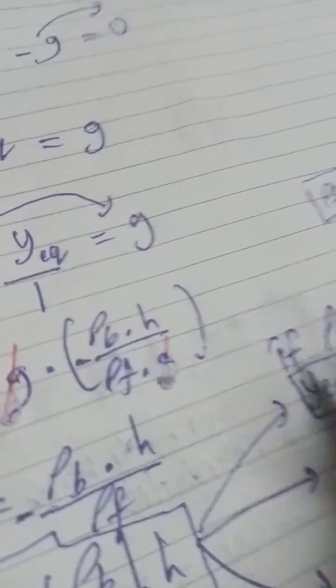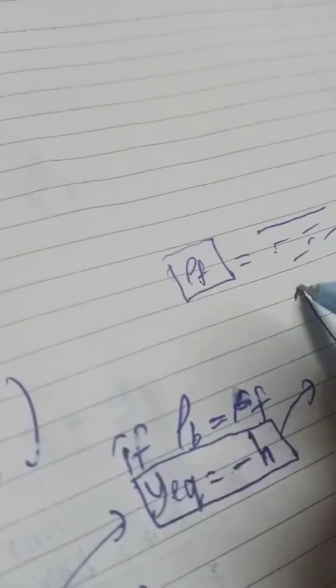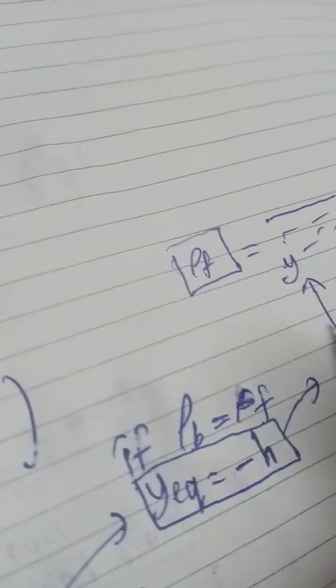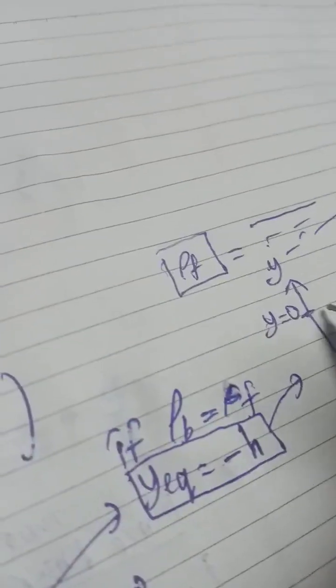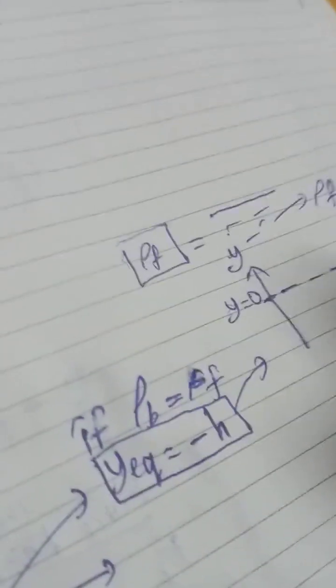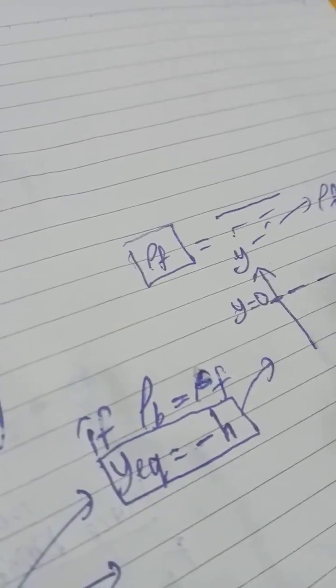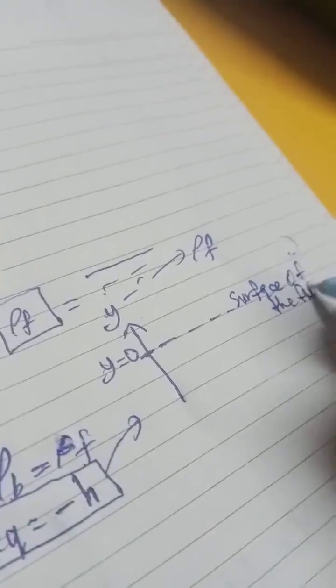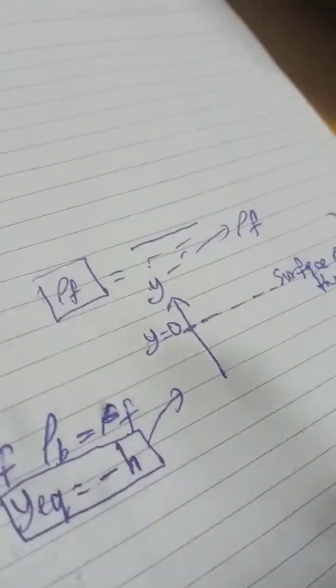Negative h means that this is the position, the coordinate. As I said, this is y equal to 0, right? So y equal to 0 is the surface of the fluid. So where is y equilibrium equal to negative h?